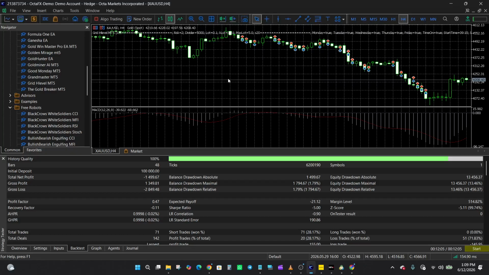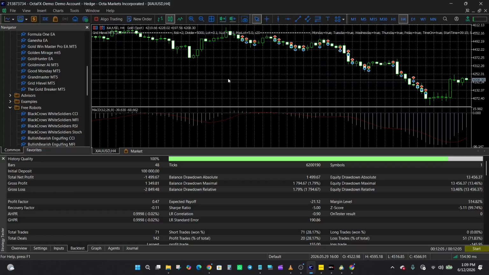The additional filters, grid controls, and trade direction options are intended to help structure how positions are added and managed throughout the trading process. As always, historical backtest results should be viewed as historical analysis rather than an indication of future performance. Actual results can vary significantly depending on risk settings, lot size selection, support and resistance placement, broker execution, spread conditions, slippage, market conditions, and user optimization.